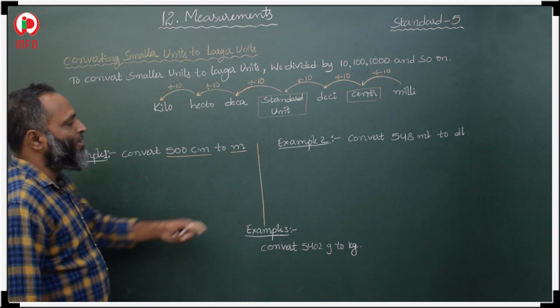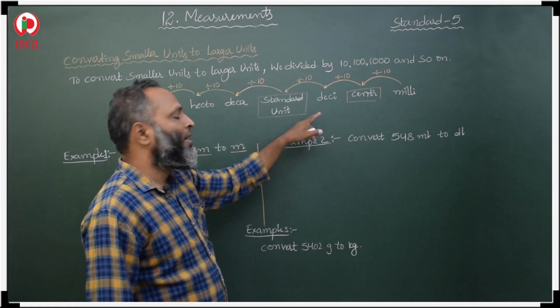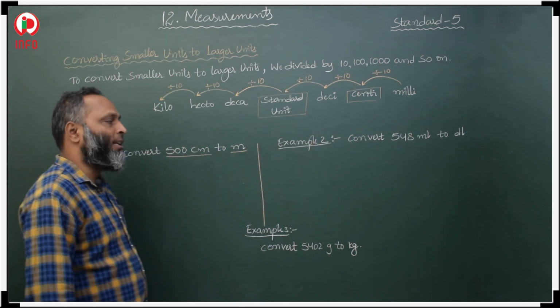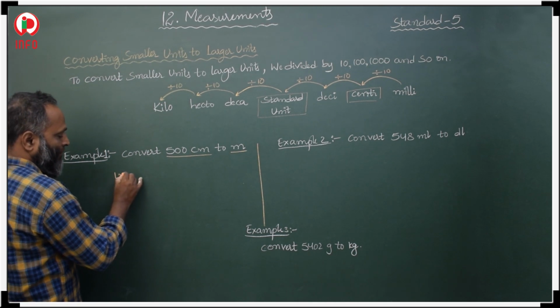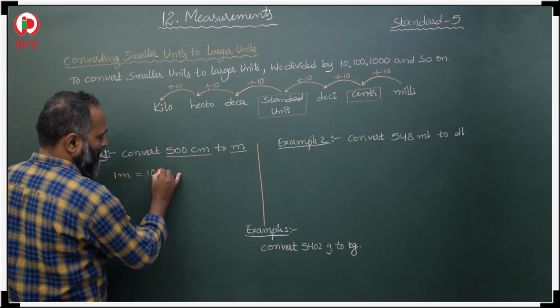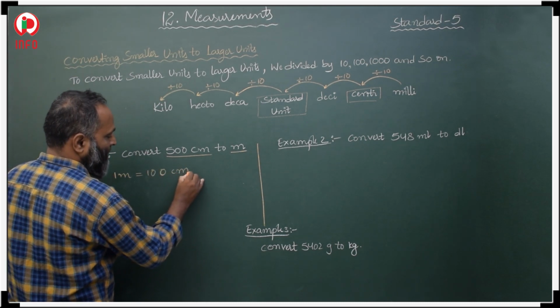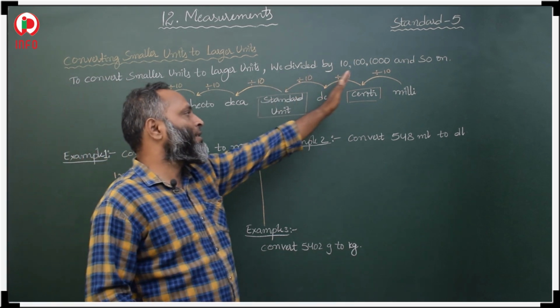Here centimeters are the smaller unit and the meter is the standard unit of length. We know that 1 meter is equal to 100 centimeters. Why? Because after two places centimeter is there.